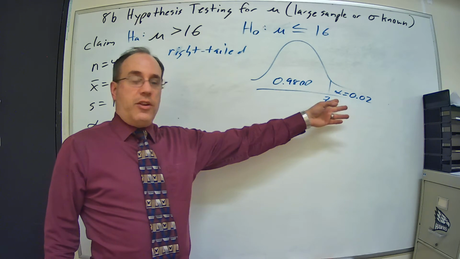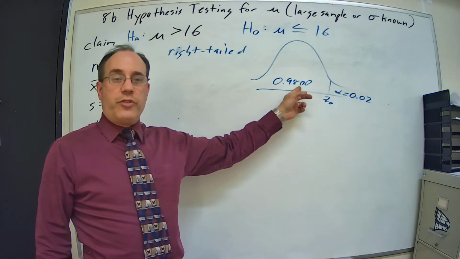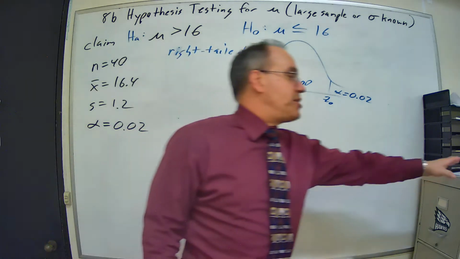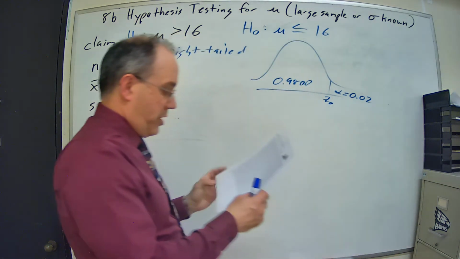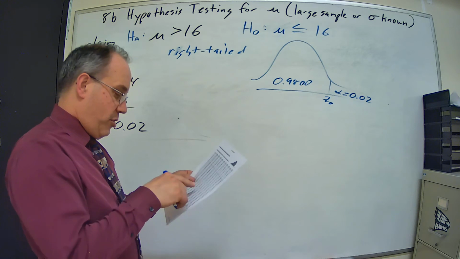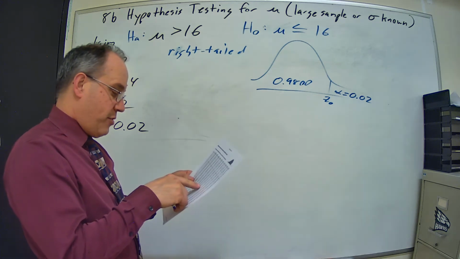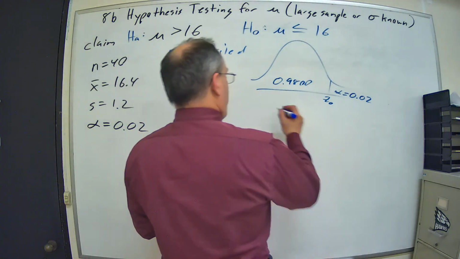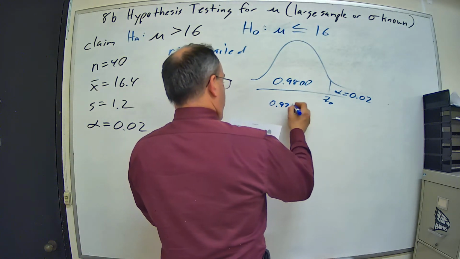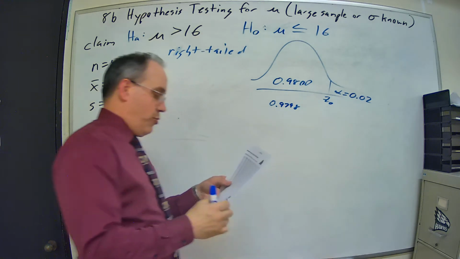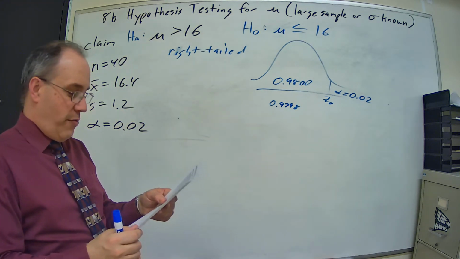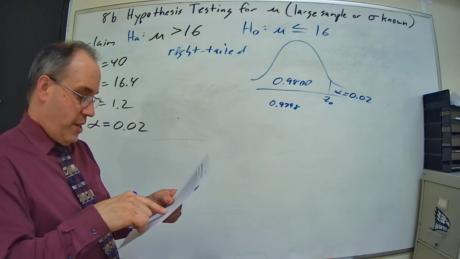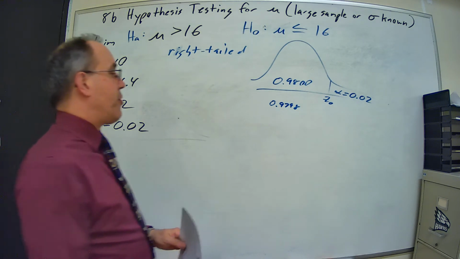If we go to look this up in the table, we do a reverse table lookup, and we're looking for the closest thing we can find to 0.9800. So I look in the body of the table, and the closest thing I find to 0.9800 is 0.9798, which gives me a z-score of 2.05.